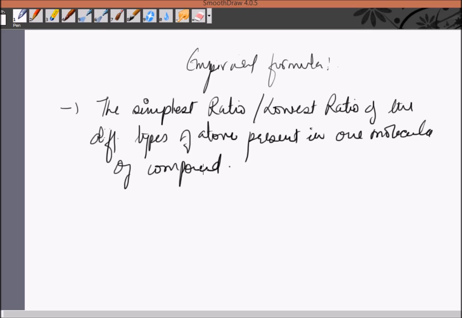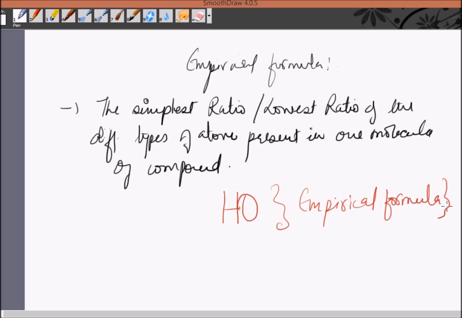Basically, it does not show the actual number of various atoms present in the molecule of the compound. In the last session, I gave you an example of hydrogen peroxide, where the empirical formula of the hydrogen peroxide is this. Do you think this is the actual hydrogen peroxide formula?